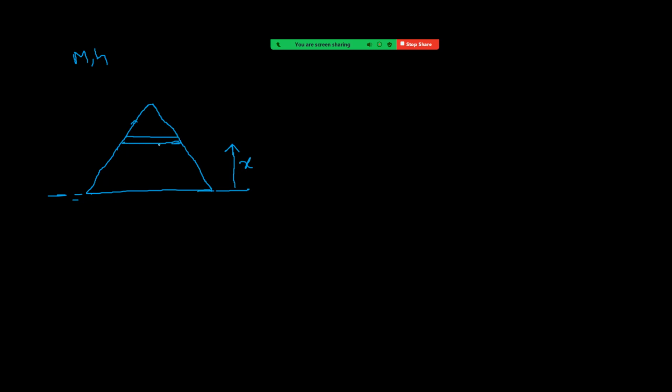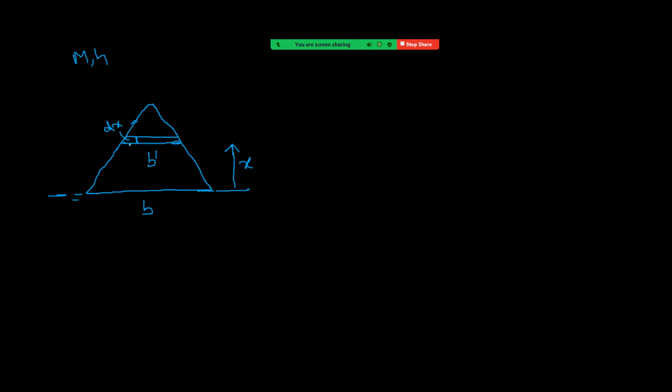Suppose this base length is b. Then this length is taken as b dash, and this thickness is dx. So it is just like a rod of length b dash, its width equal to dx, where dx is very small.